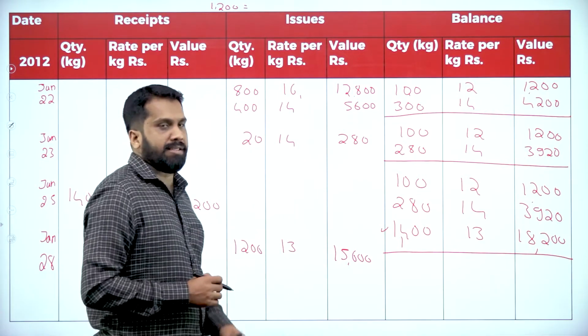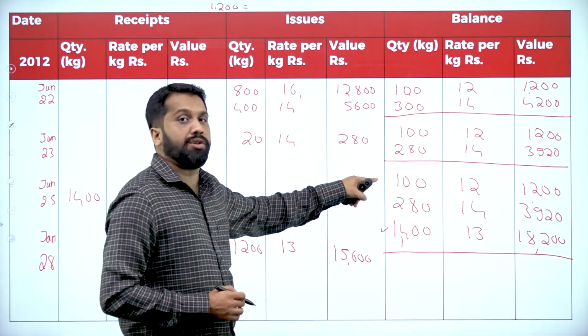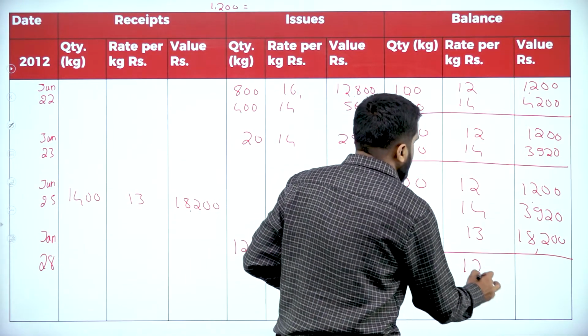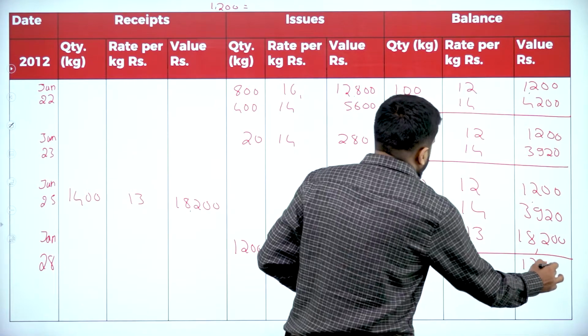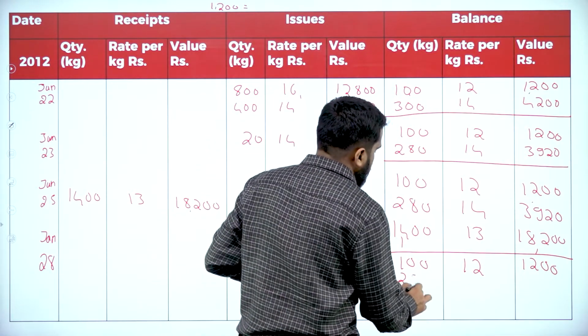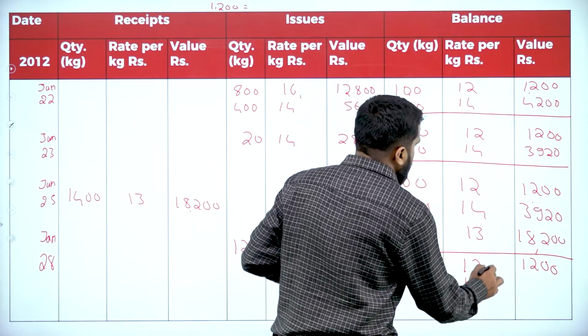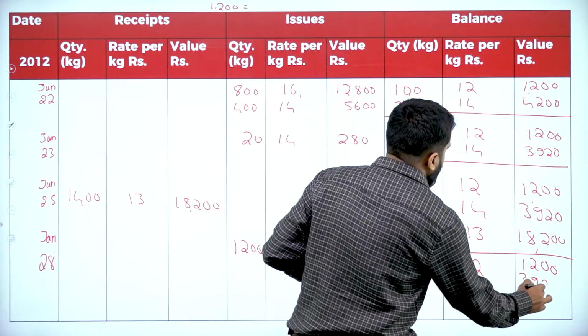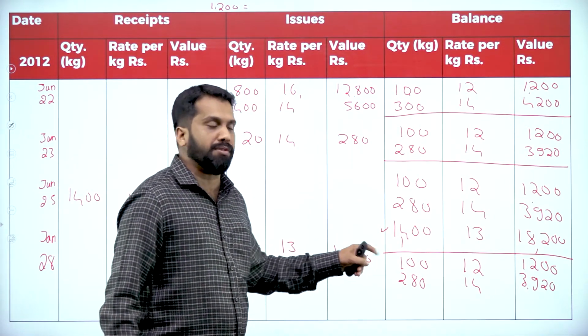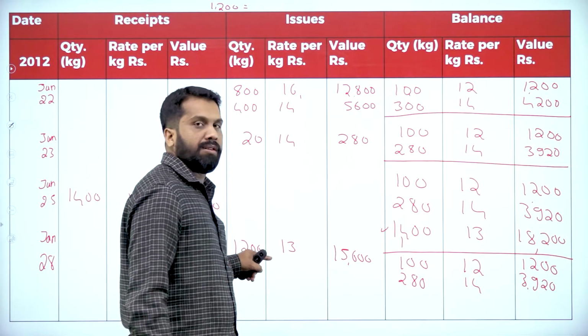So write down the balance. This we have not used. Copy paste. 112,200. Second box you have not used. 280, 14, 3,920. Third one you have used. How much you have used? Up to 1,200 you have used.